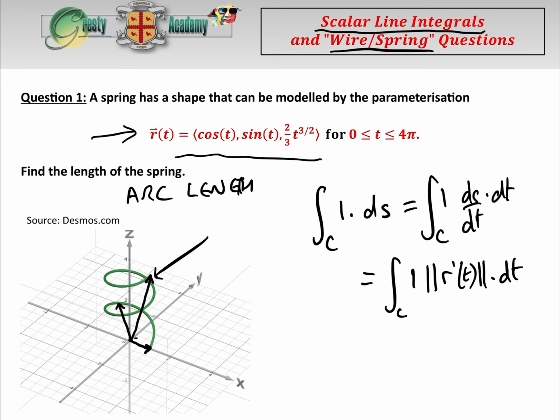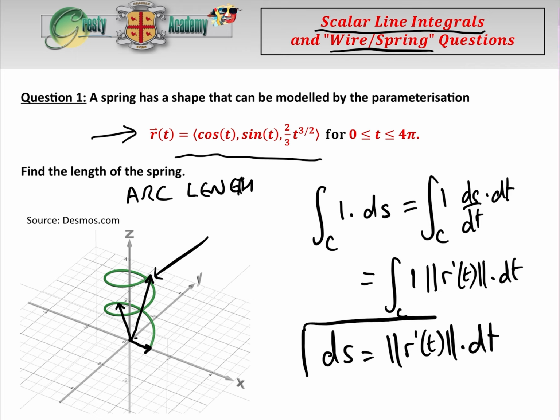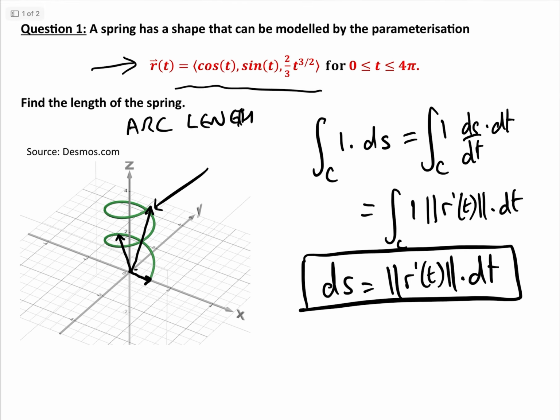We're going to see that in a minute. Basically ds is the same thing as the magnitude of r dash of t dt, and that's the easiest way of converting between the two formats. So anyway, let's have a look.